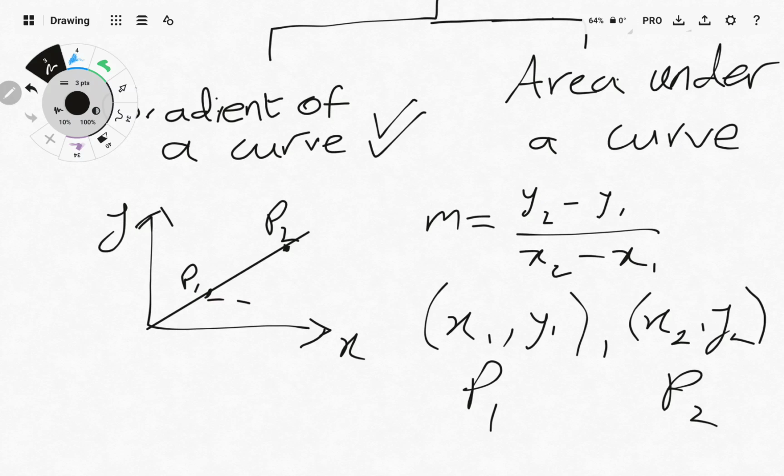So if I were to do this like this, this over here is y2 minus y1. This here is x2 minus x1.